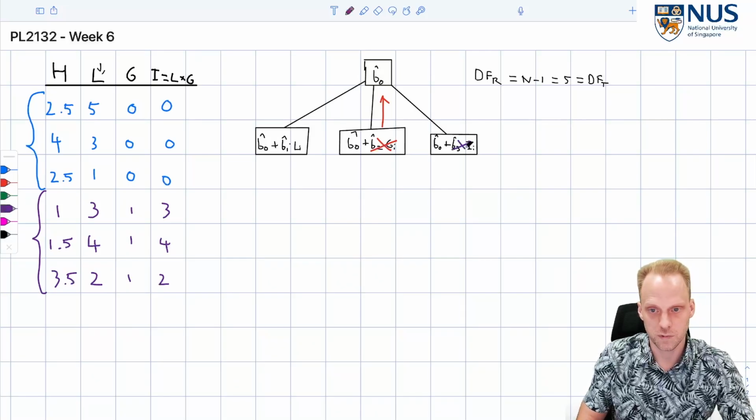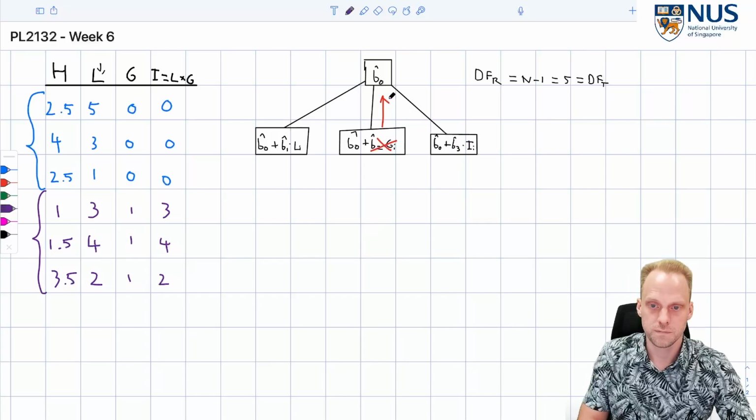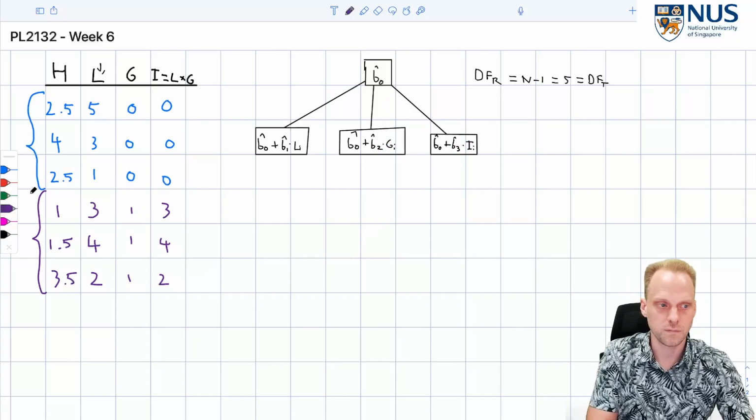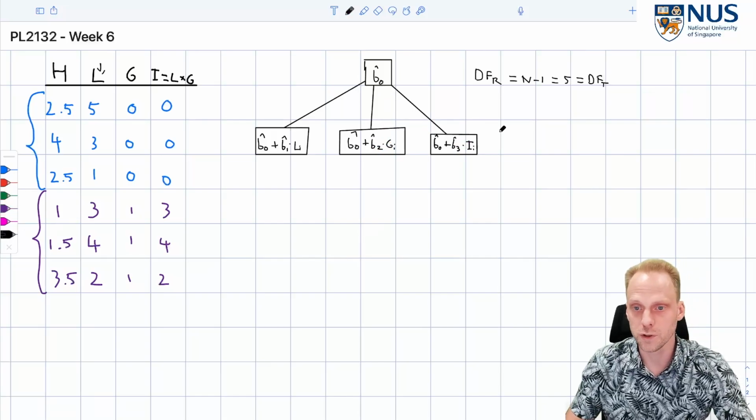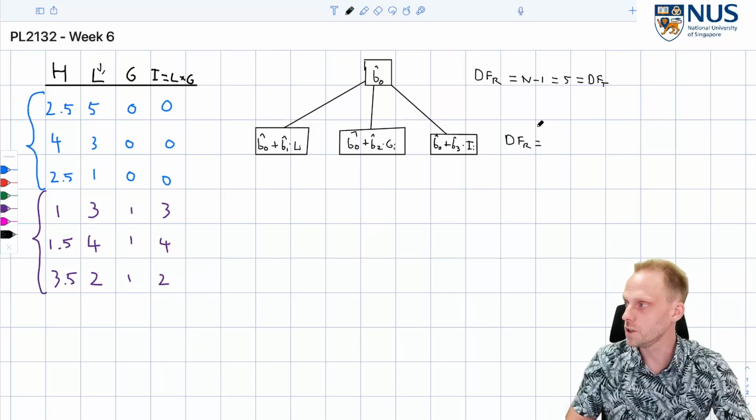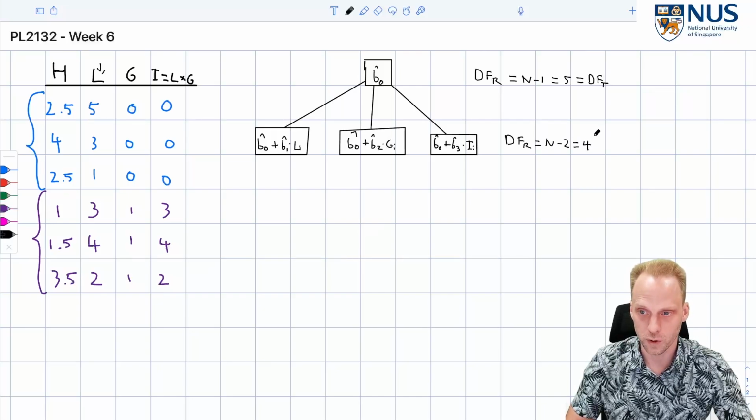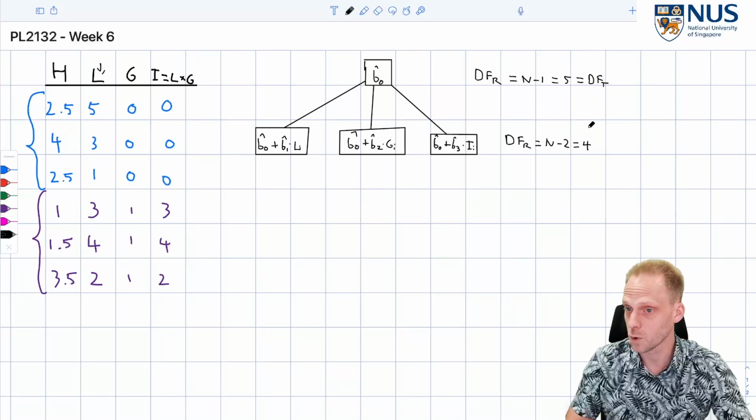If this term is 0, we get this model as well. The residual degrees of freedom, in this case, for all these three models is n minus 2, or in this case, 4.